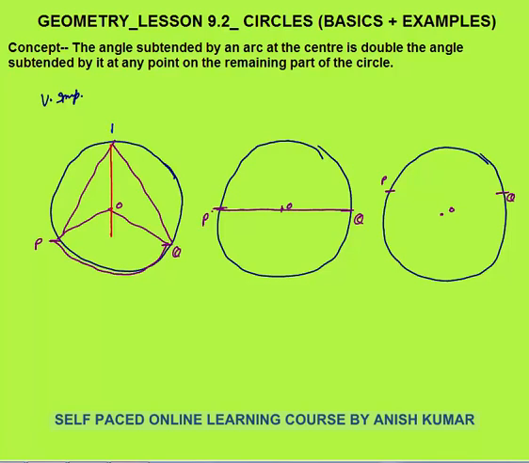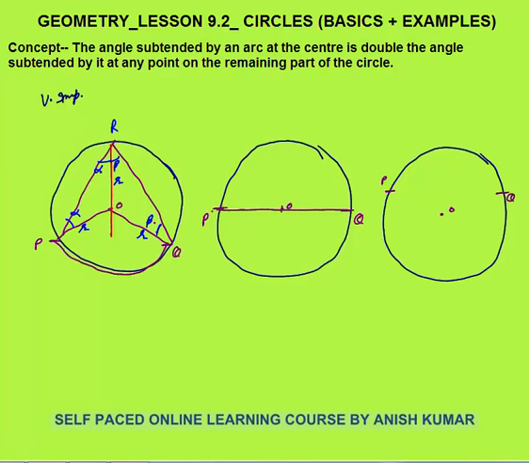This is the radius of the circle, this is also the radius, this is also the radius. Now can I say that this triangle is isosceles because two sides are equal, so the angles will also be equal. This is alpha and this will be alpha. Since ROP is an isosceles triangle, these two angles will be alpha and alpha. If this angle is beta, this angle will also be beta.